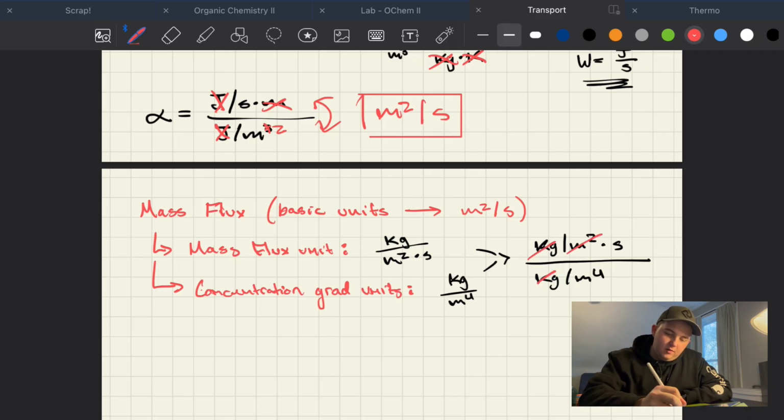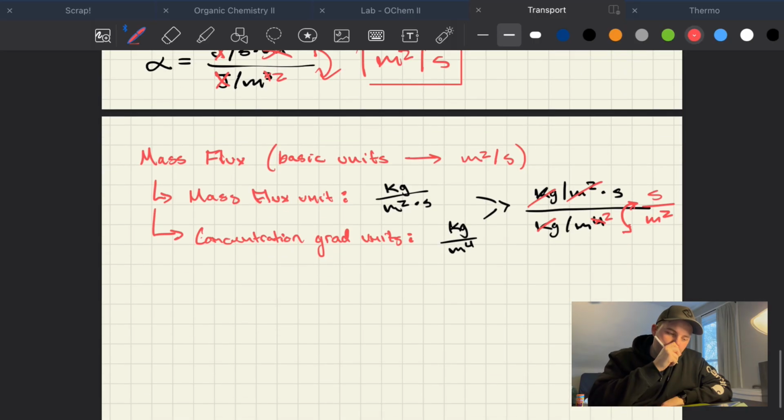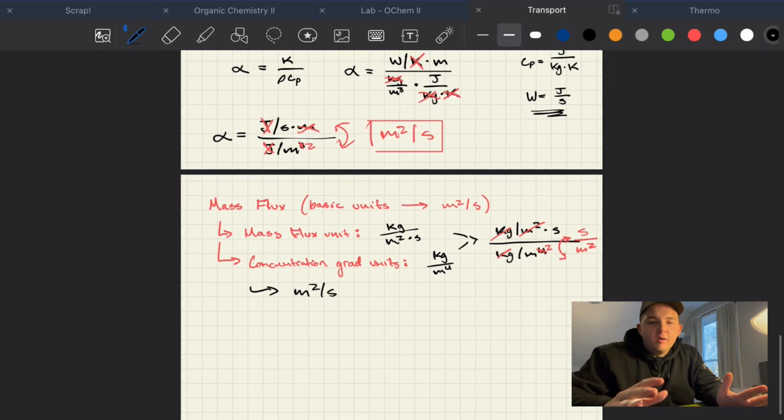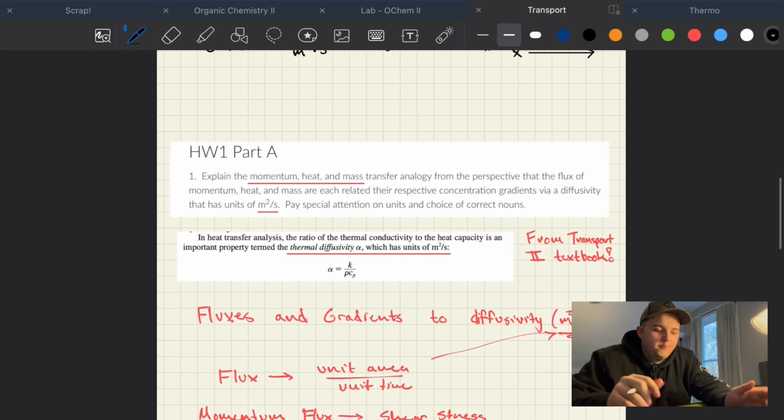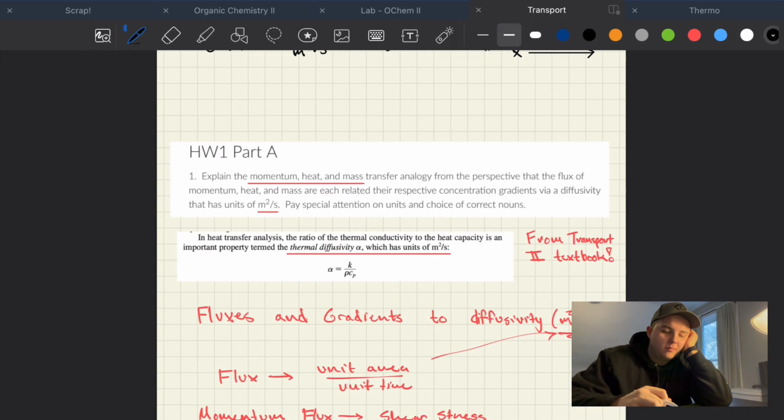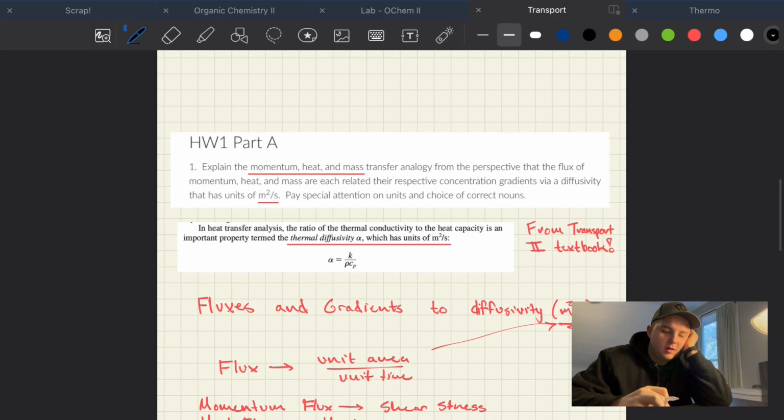These kilograms will cancel, and this will be down to a second. So yet again, we're left with seconds per meters squared, and then they're going to flip because they're in the denominator. So what we're left with for the third time is meters squared per second. Okay, so I think that fully answers the question that you wanted the answer to.